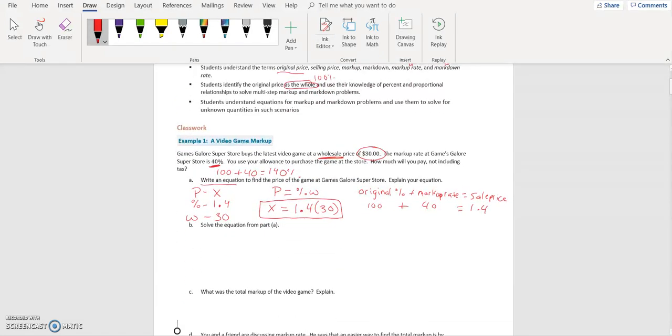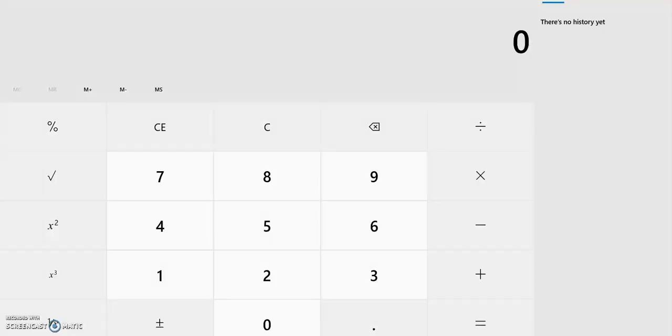Part B asked me to actually solve the equation. So x is equal to 1.4 times 30. That was my equation. So all I'm doing is multiplying. I'm multiplying 1.4 times 30, which gives me 42.